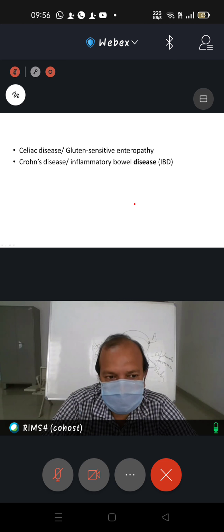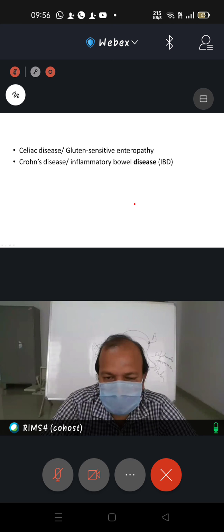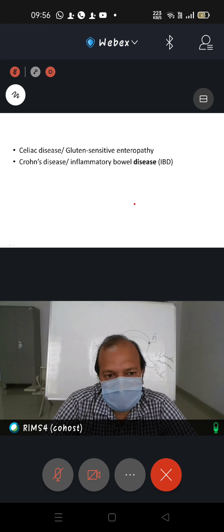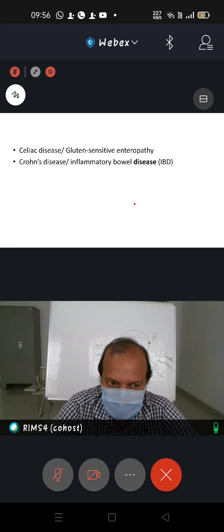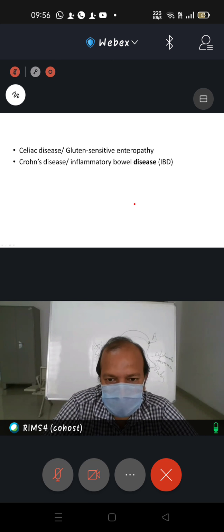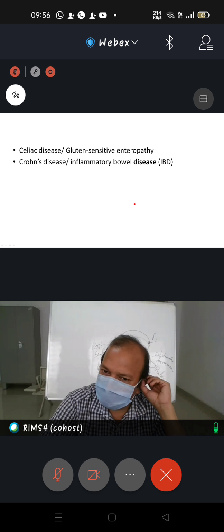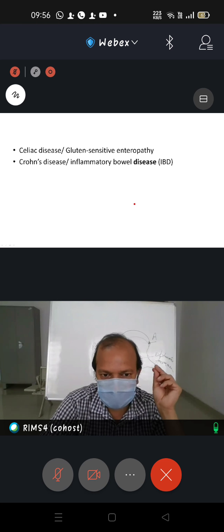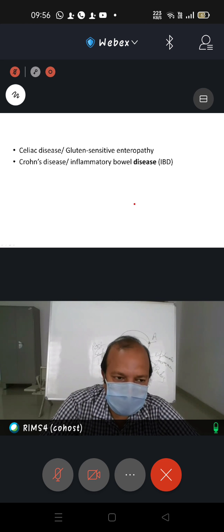The reason being the gluten, which is in the wheat and barley and some other grains. The other disease which again involves the lining epithelium is known as inflammatory bowel disease or Crohn's disease. Now this inflammatory bowel disease or IBD, as the name suggests, is the inflammation of the bowel. Because of the inflammation, again, the person experiences GIT symptoms, and it especially involves the small intestine portion.